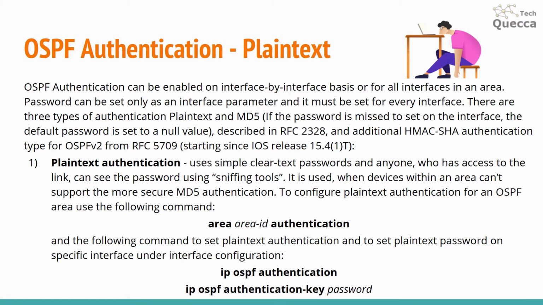OSPF authentication can be enabled on interface-by-interface basis or for all interfaces in an area. Password can be set only as an interface parameter and it must be set for every interface. There are three types of authentication: plaintext and MD5, described in RFC 2328, and for these two types of authentication, if the password is not set on the interface, the default password is set to a null value.